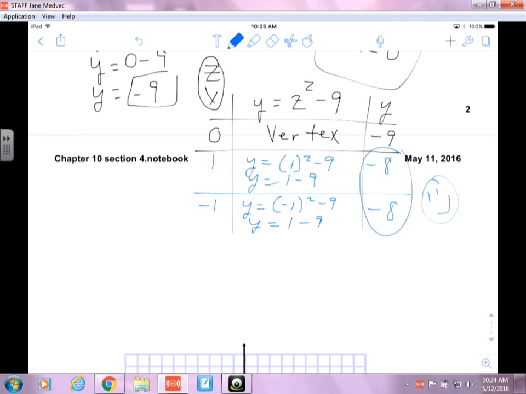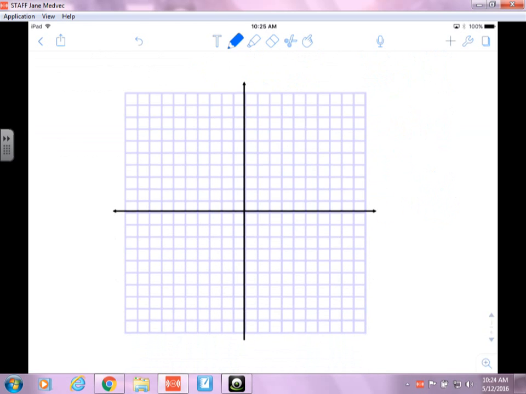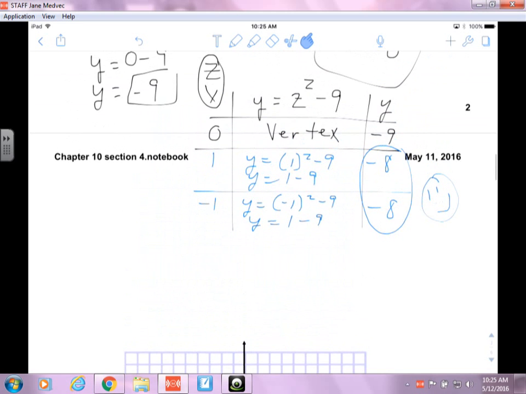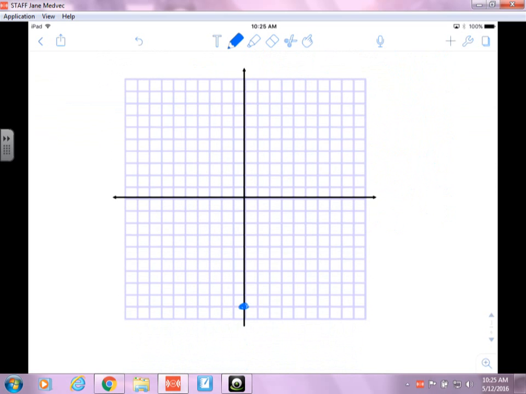All right, so now I'm going to come down and I'm going to start graphing this. So it's 0, negative 9. And I've got 1, negative 8, and negative 1, negative 8.